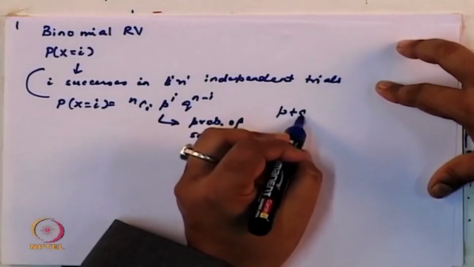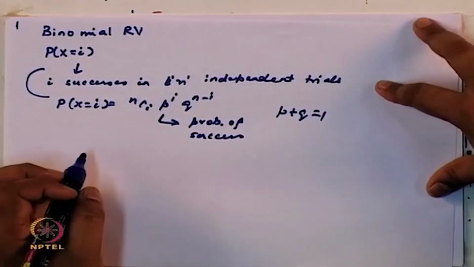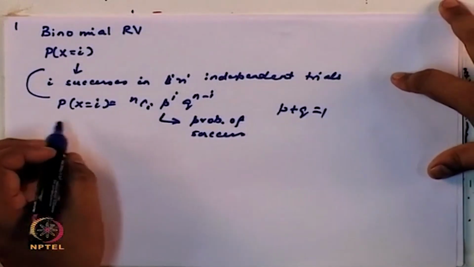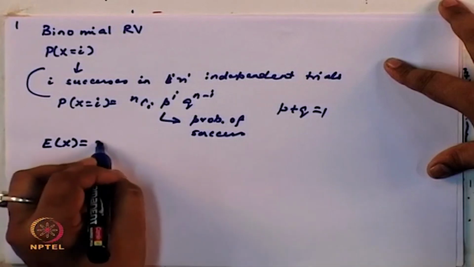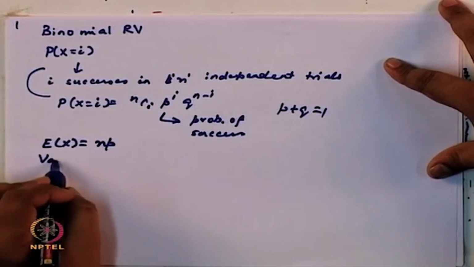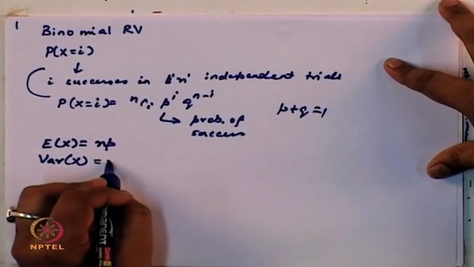So p + q = 1. And we showed that for this distribution the expectation of x is given by np and the variance of x is given by npq.